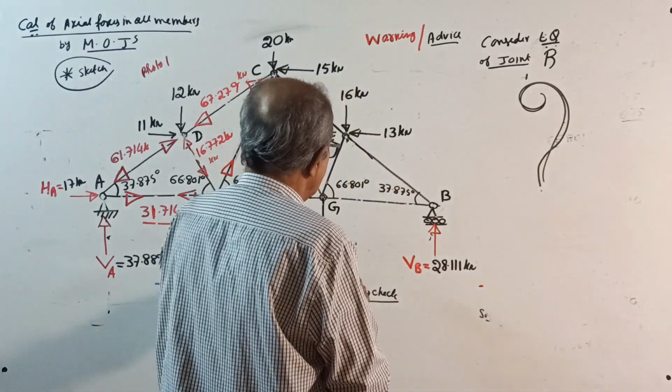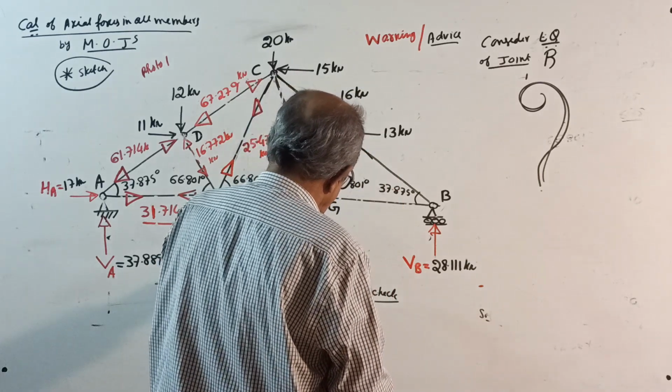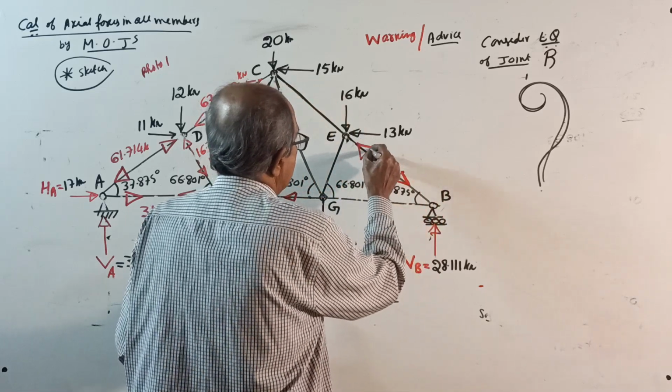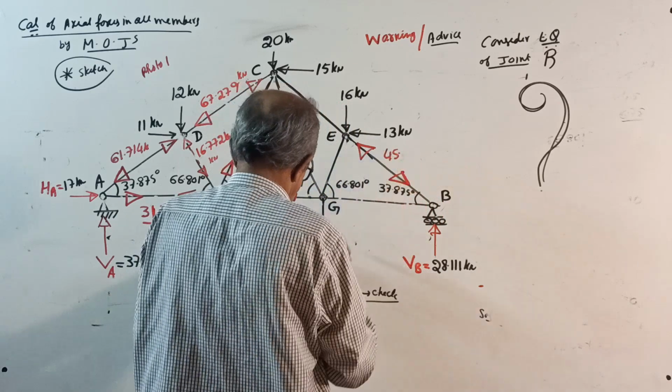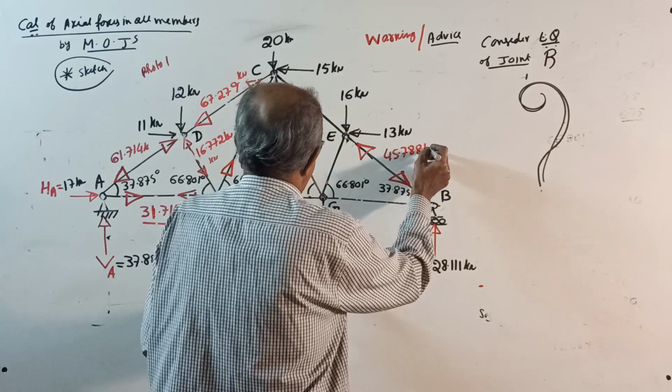28.111 divided by sine of 37.875 gives 45.788 kilonewton.